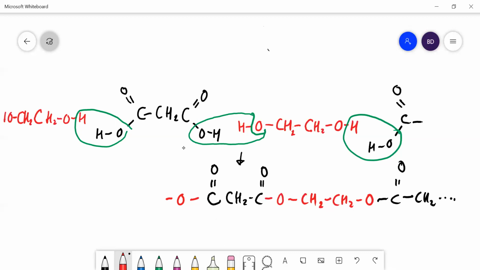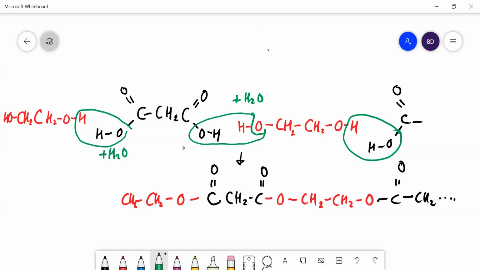That's OH there. Okay, so you get the idea that this thing could carry on forever. And of course, at each point there, you get one molecule of water produced. That's why it's called a condensation polymer, because you also make the water.